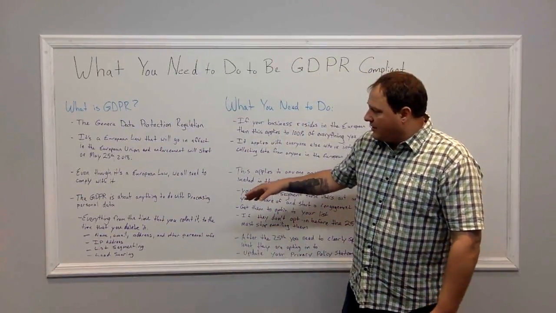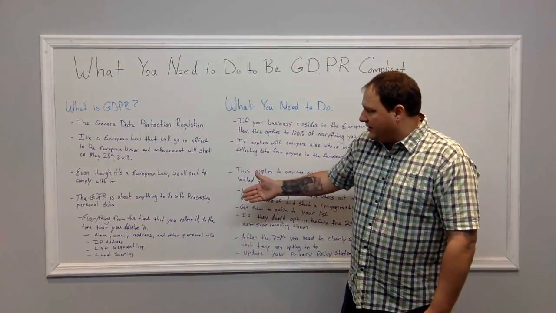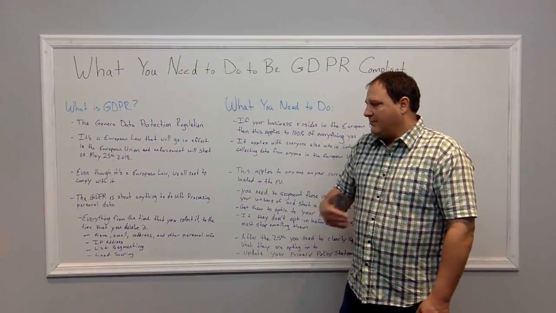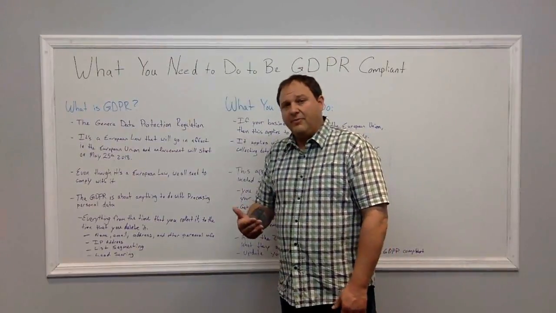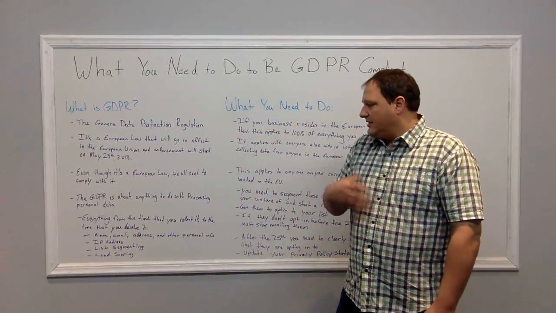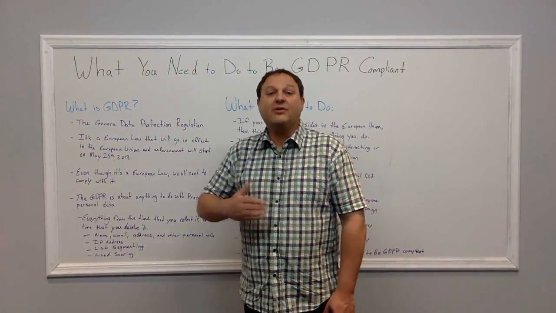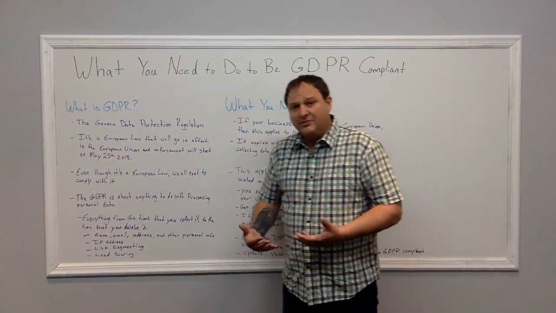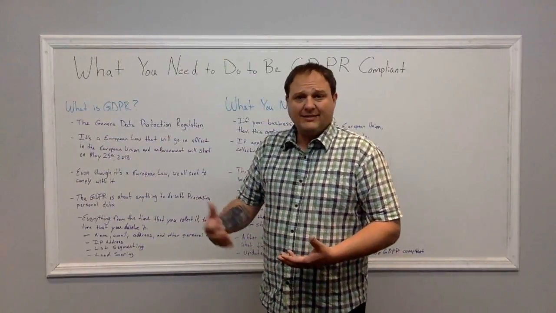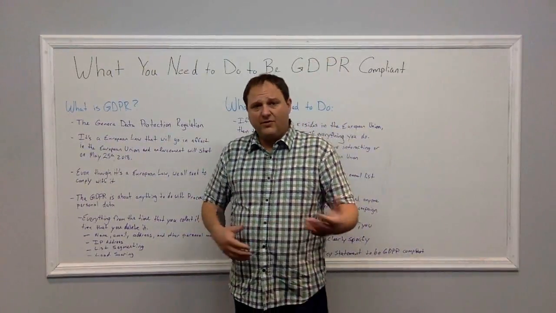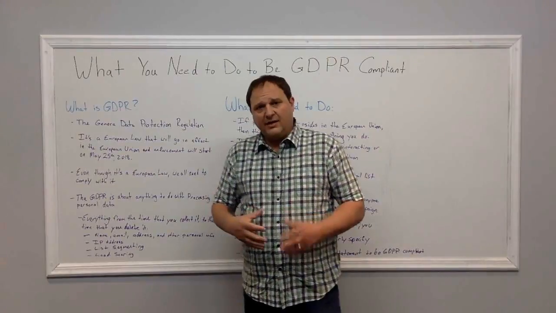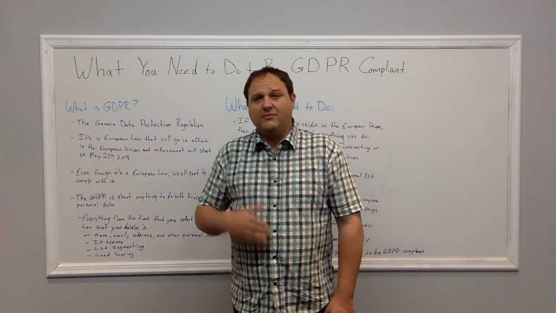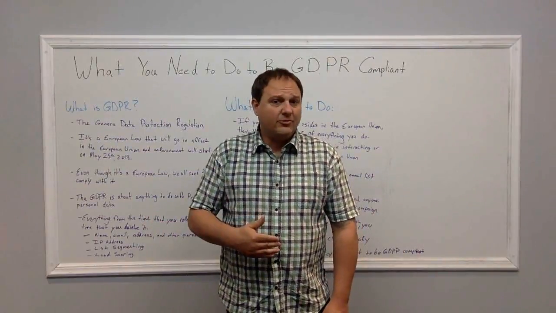The GDPR is about anything to do with processing personal data. This is pretty much everything from the time that you collect the data until the time that you delete the data. So this is anything from IP addresses, first name, last name, email address, phone number, all that personal data, to everything that happens in your marketing automation funnels, from list segmenting to lead scoring.